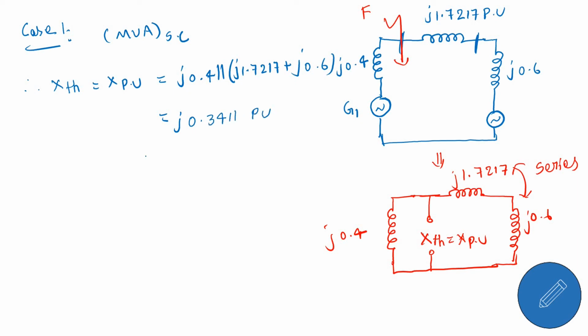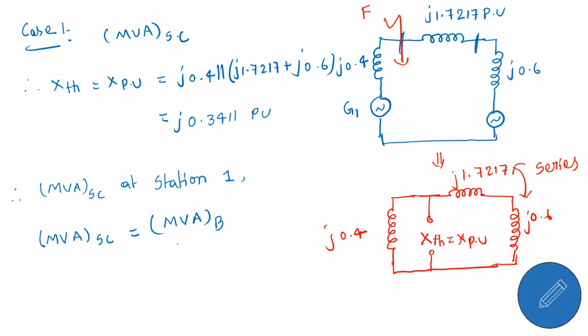Therefore, short circuit MVA at station 1 is equal to MVA base by X per unit with respect to station 1.